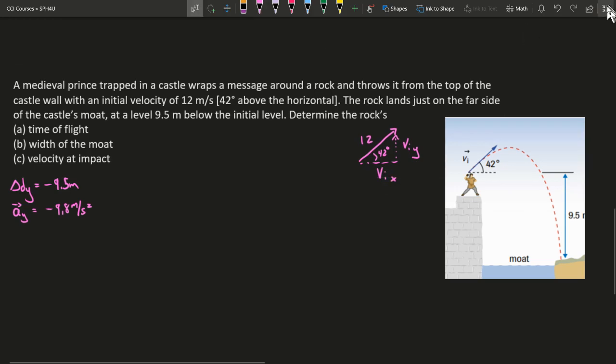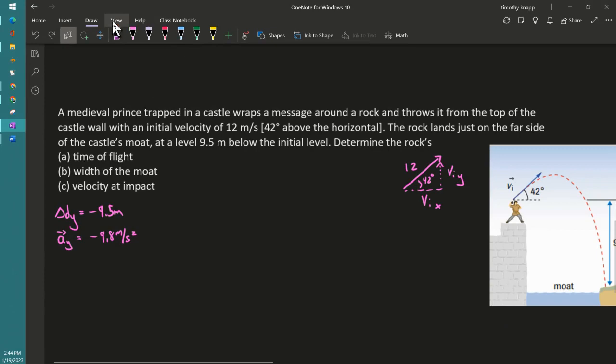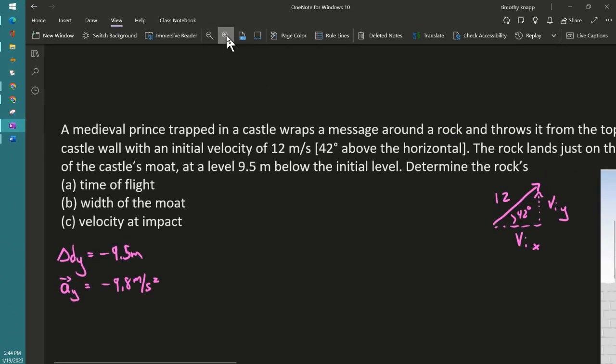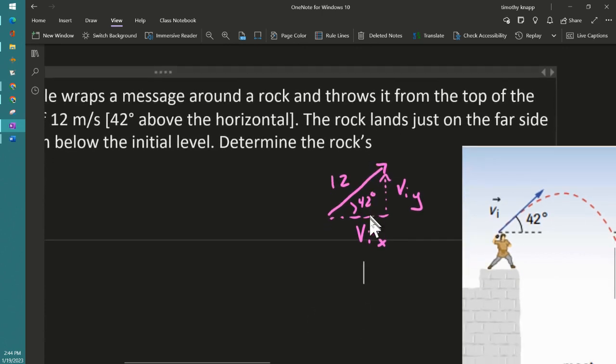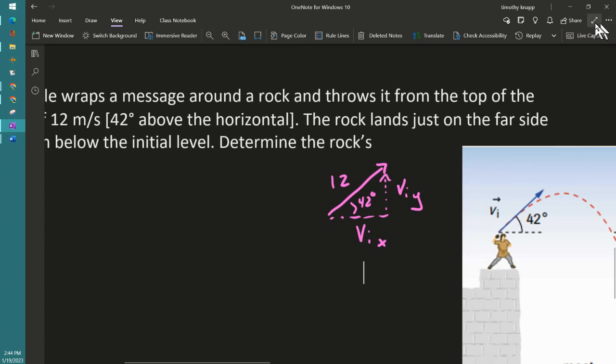Maybe I'll zoom in on this for our viewers here. All right. And the question is, how do I get these two values?